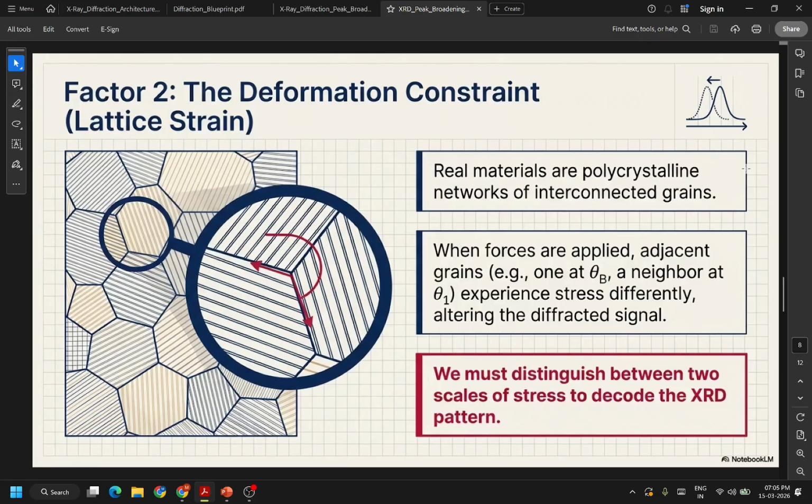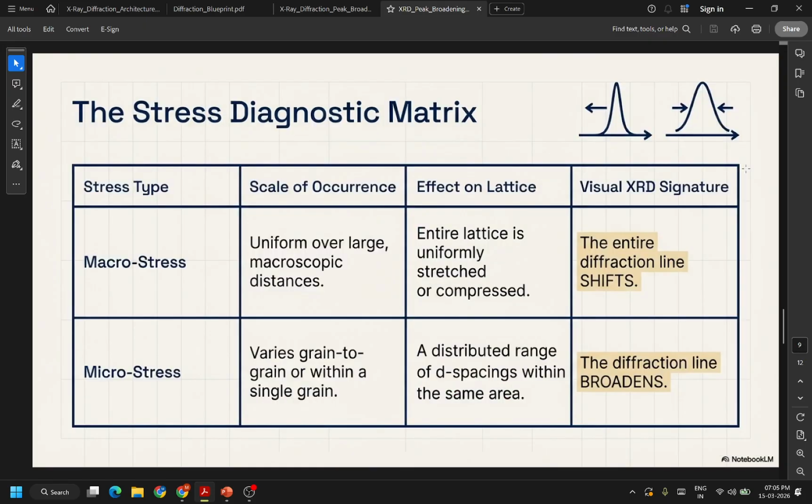So we must be able to distinguish between the two scales of stress to decode the XRD pattern. There can be macro stress, which is uniform over large macroscopic distances. The effect would be that the entire lattice will be either uniformly stretched or uniformly compressed. So the XRD signature would be that all the diffraction lines will shift. In micro stress, it varies grain to grain or within a single grain.